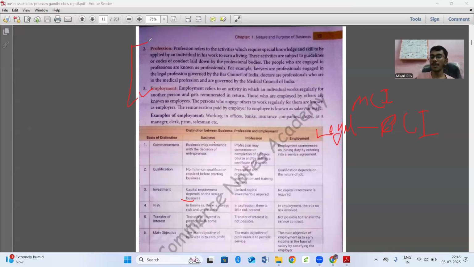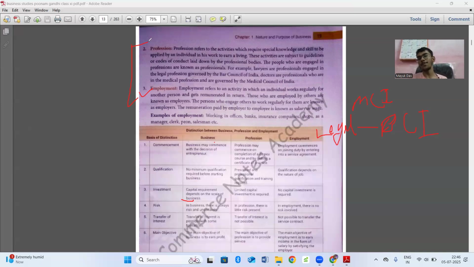For private, it is the owner of the company; for government, the government. The employee gets the remuneration from time to time. In employment, people work for someone who is senior to them. In profession, people work for themselves.